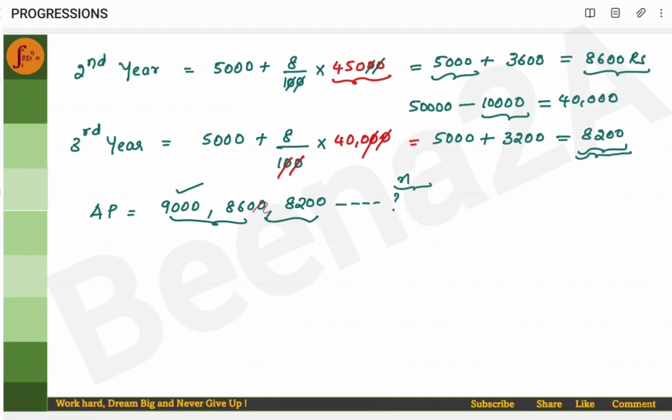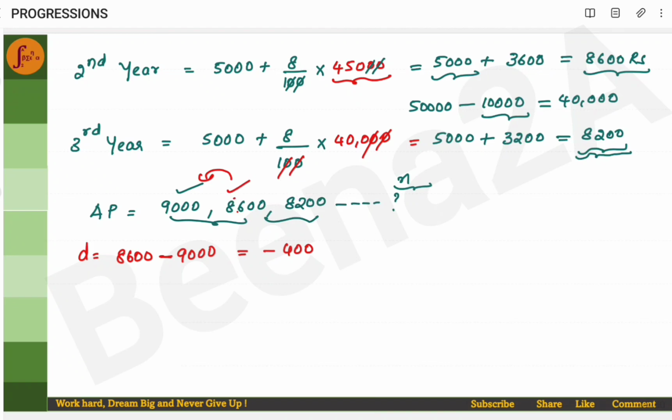So now, what is the difference in this series? Difference between this and this? Difference is 8,600 minus 9,000, which is minus 400. Remember, always take the second term minus first term, third term minus second term. Take the previous term.